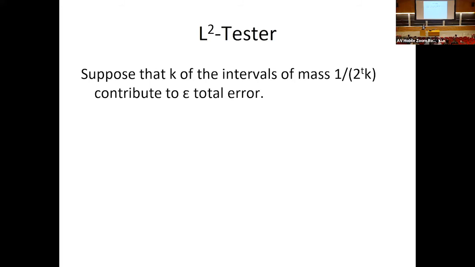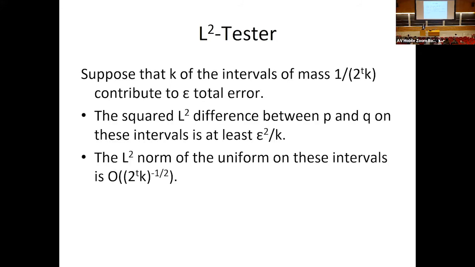Well, if instead of just doing a standard uniformity tester, we go back and look into the details of this L2 tester, the squared L2 distance between p and q is at least epsilon squared over k, whereas the L2 norm of the uniform distribution is like 1 over the square root of 2 to the t times k.